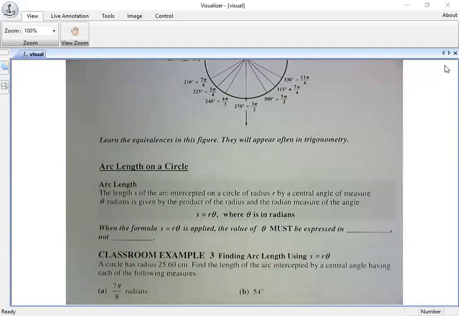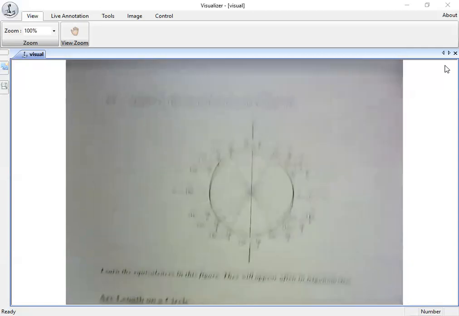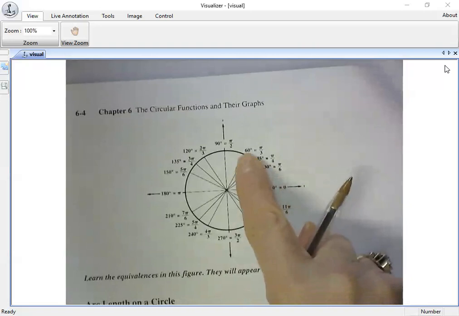Now, think about it. If you're in radians, okay? Let's say that my radius is 1 because we're working with a unit circle. And if I'm working in a unit circle and I'm using radians, let's say it was a 60-degree angle, and a 60-degree angle would be what in radians? Pi over 3.